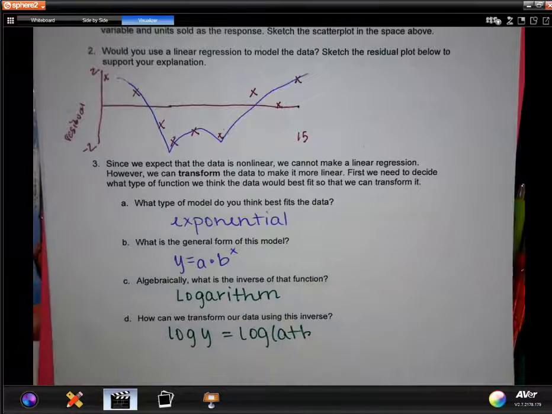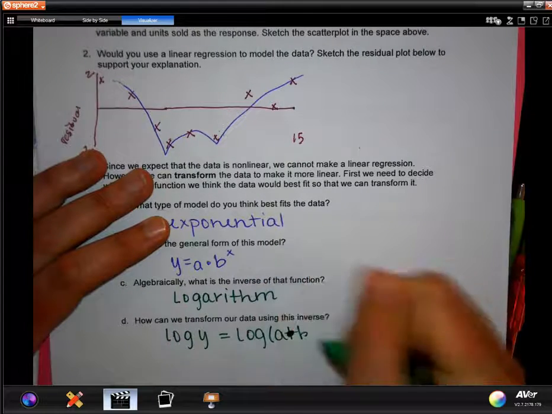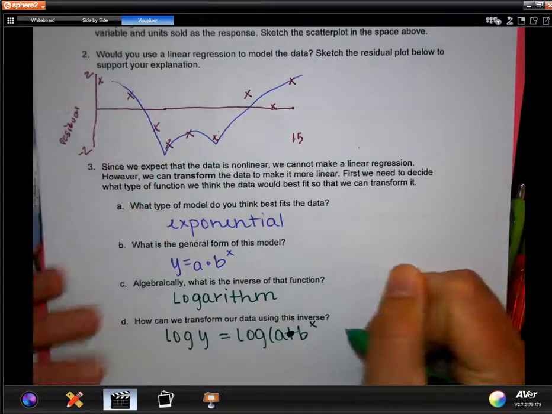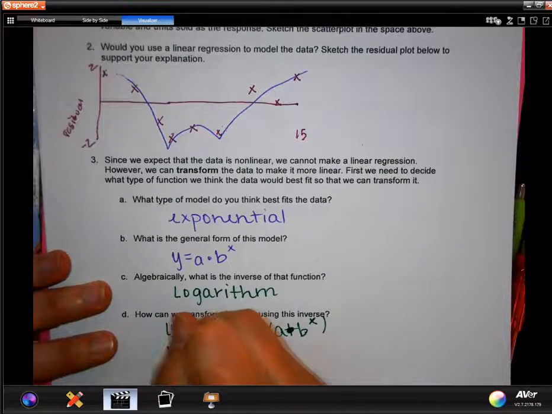Oops, I shouldn't have a plus in there. We'll just do the big circle. Okay, now log y is as simplified as it gets.